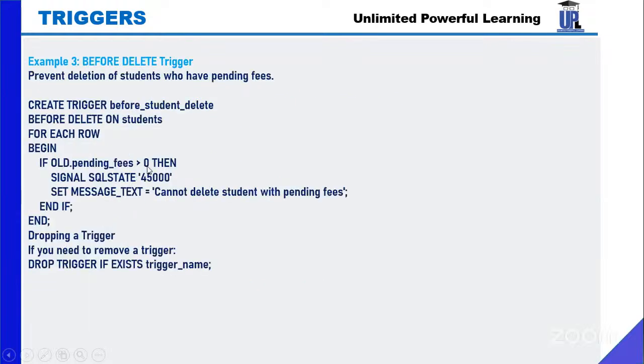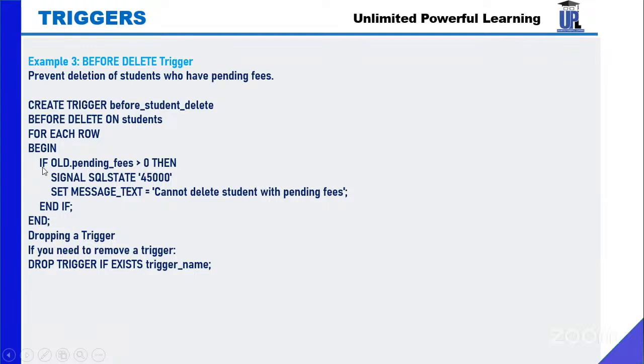Similarly, we can use the delete trigger: create trigger before delete, to prevent the deletion of students who have pending fees. So the students cannot be moved out of XYZ institute, or a certificate should not be given unless the pending fees are paid, or he should not be allowed to take the exam. So create trigger before student delete, before delete on table student for each row.